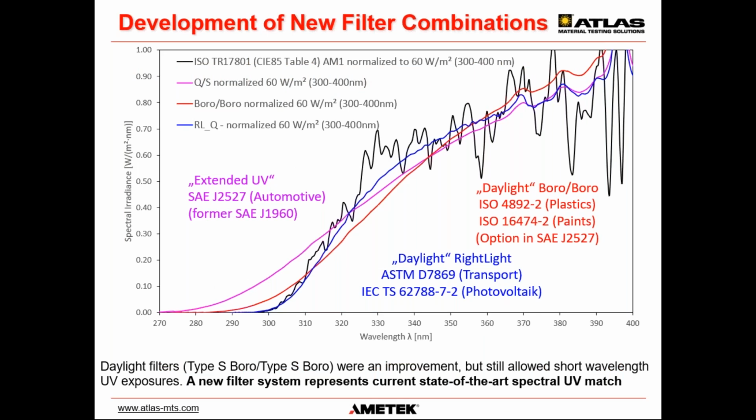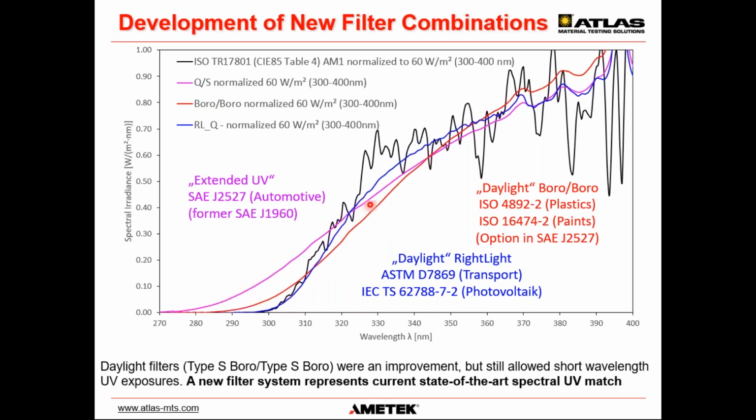So looking at the development of the new filter specification differences, if you look at natural daylight, which is shown in the black squiggly line, and how it compares to the traditional Boro filters, which is the red, you see that there's no close match. Even worse, you see the extended UV filters and the differences here.